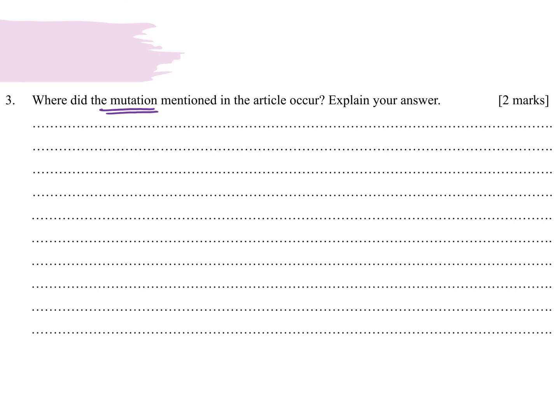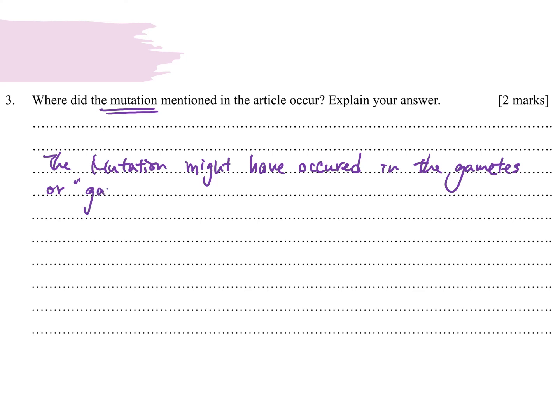Let's write down the answers. The mutation might have occurred in the gamete or gamete producing cells such as the ovary or testes of Queen Victoria's parents.